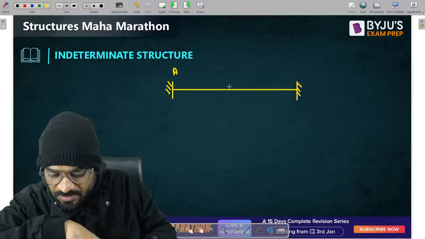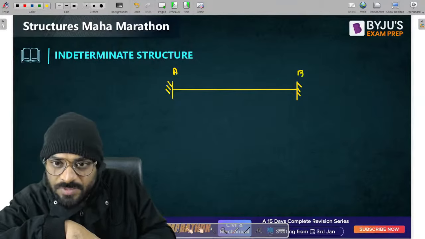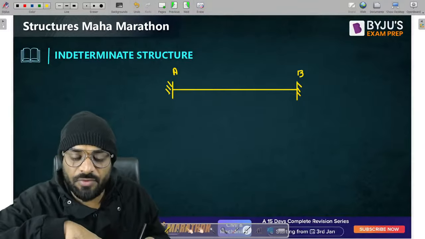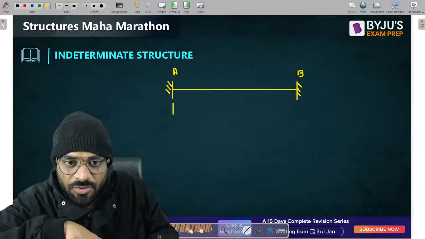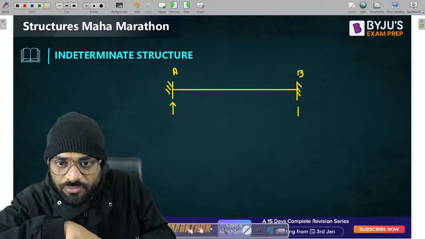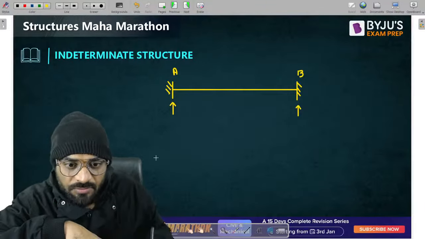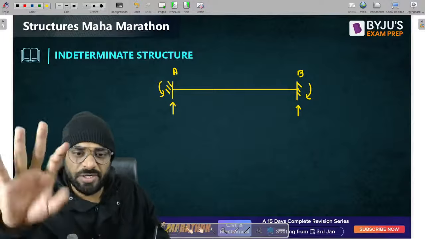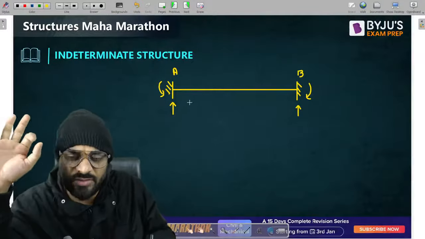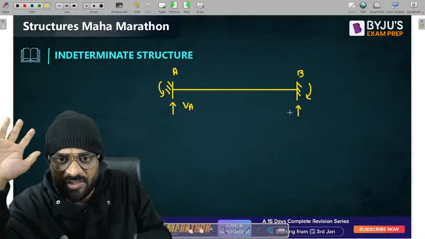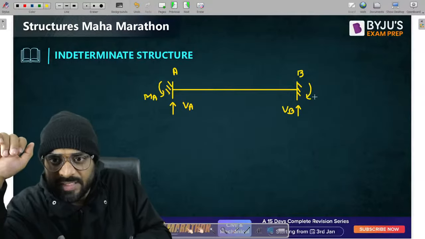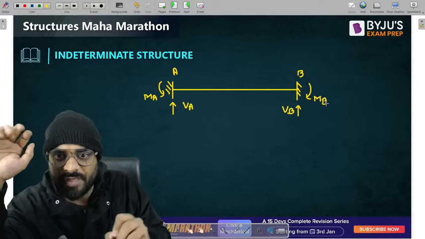This is A. This is B. Now, let us suppose I want to draw the ILD for VA reaction, VB reaction, MA reaction, and MB reaction. We'll draw it in a complete way right now, so that everyone can understand each and everything. That is our main task.